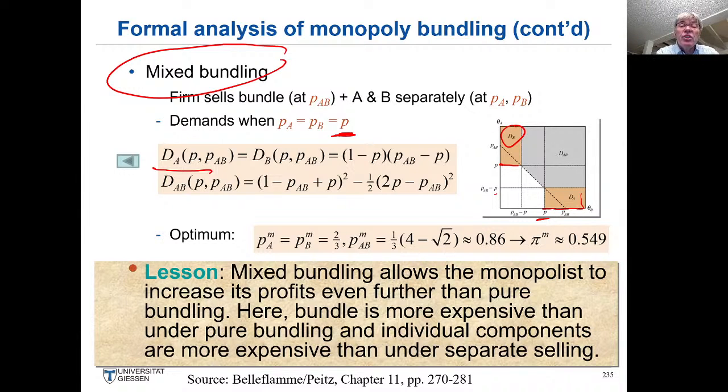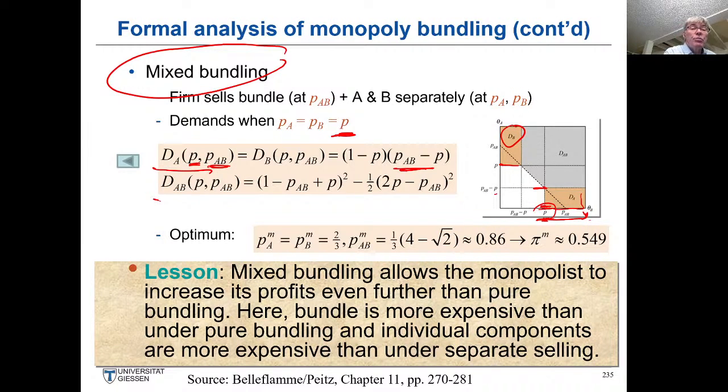The length here is just 1 minus P. 1 is the total number of consumers, here is the price, and if we have the bundle price P_AB, this length will be just P_AB minus P. So this is demand as a function of the bundle price and of the price for the separate product, which gives the demand for the individual products.